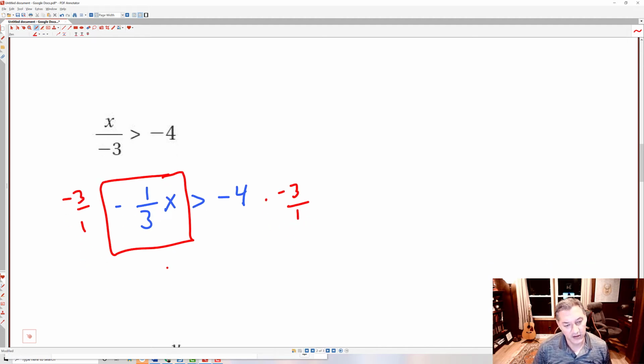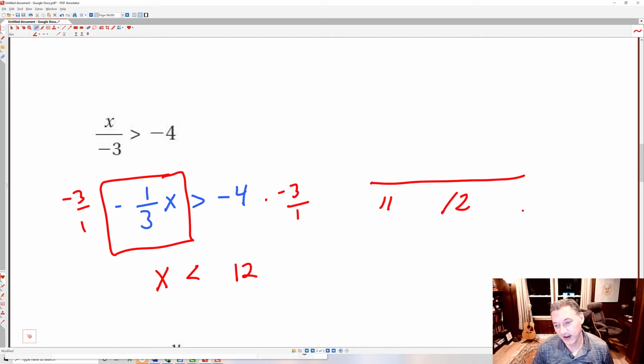Now look at them. It'll be x, this is going to be a positive 12, and I have to flip the sign, because whenever I divide or multiply by a negative, which I'm doing, I have to flip the sign. So I have x is less than 12. So I'll put down 12 and I'll do 11 and 13. And it's an open circle and it's less than, so it goes this way.